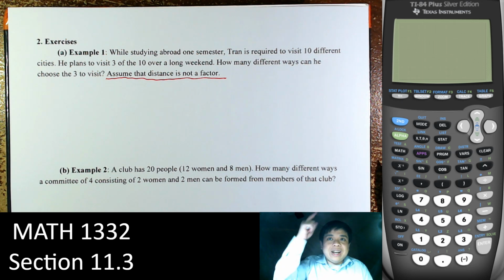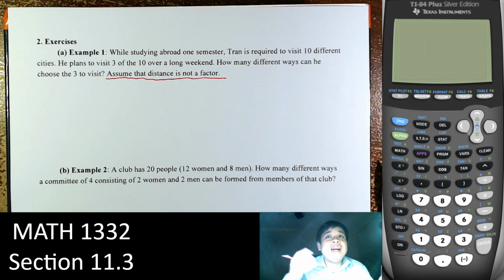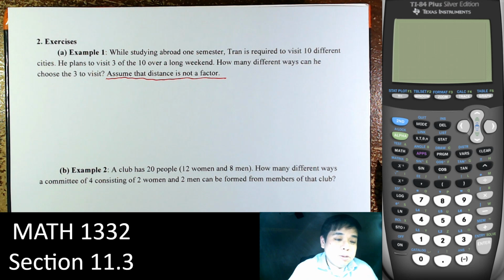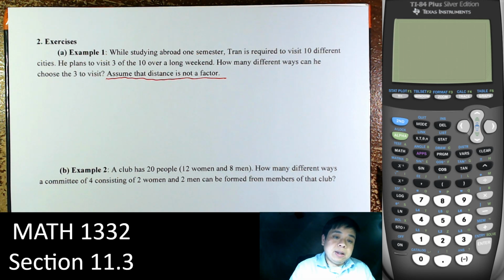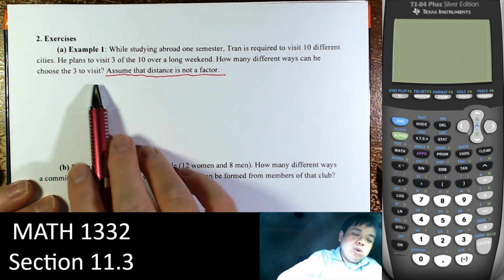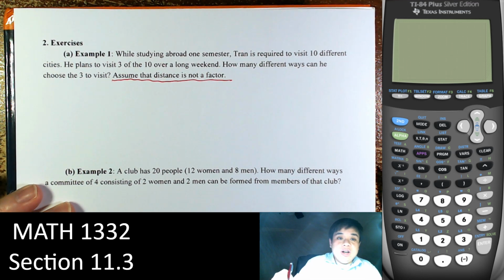You don't want to go Dallas, Houston, and then back to Austin. So there are certain orders that are much easier to do. Dallas, you ride to Austin, and Austin, you ride to Houston. That's more convenient, for example. But in this case, we throw out the distance. It doesn't matter how close or the distance traveled. Just pick 3 names out. So how many different ways can you choose 3 to visit, assuming that the distance is not a factor? If that is the case, order doesn't matter.